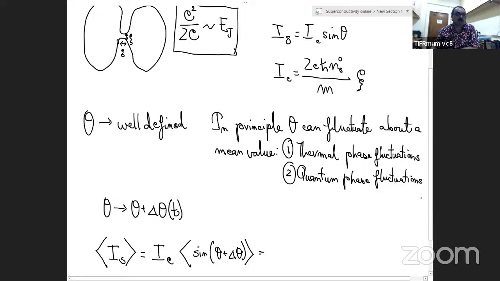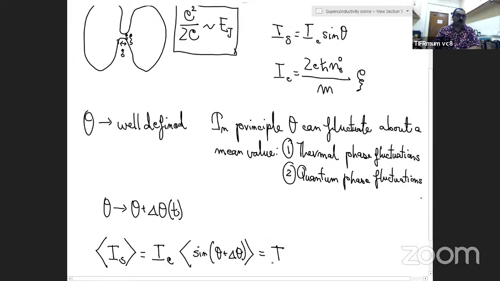delta theta, average. Now you know that this will be sine theta cos delta theta plus cos theta sine delta theta, but the average of sine delta theta, if delta theta is a fluctuation about 0, would average to 0.